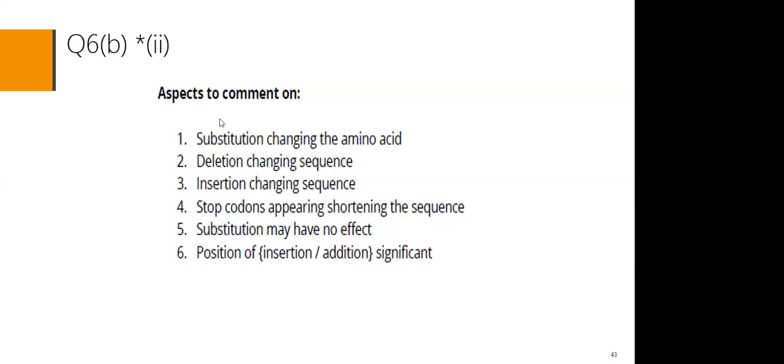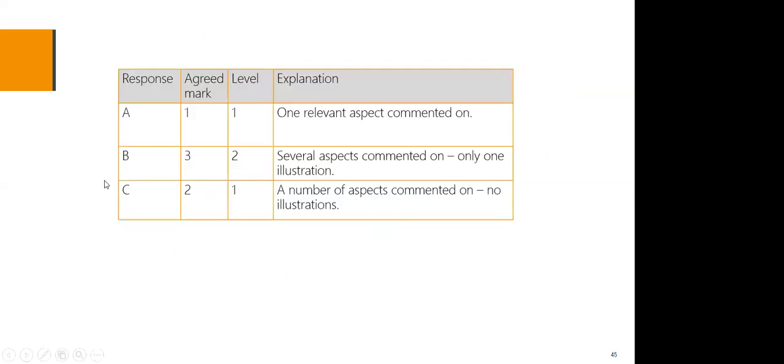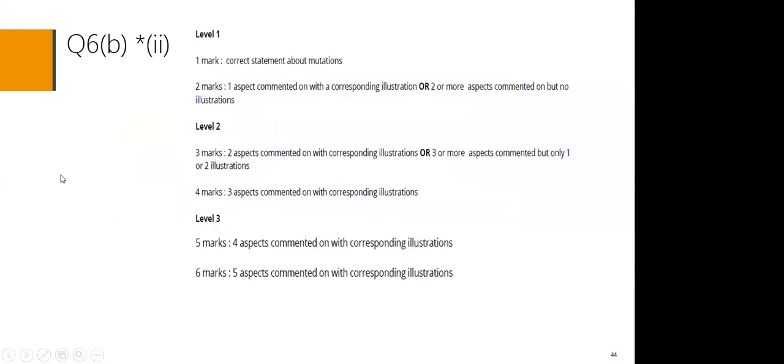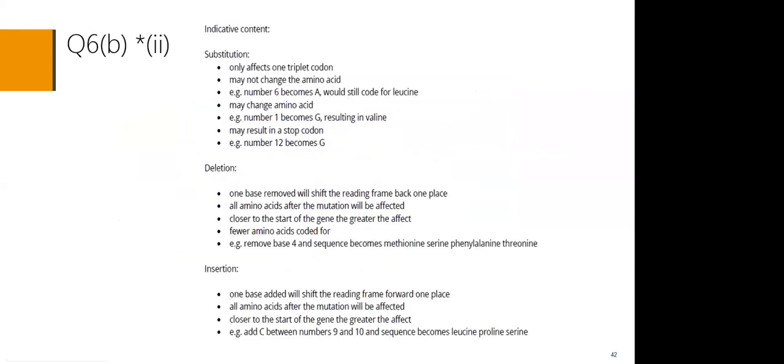When it says illustrations, if we go back, hang on, I'm going the wrong way. So it means the examples. So a substitution, that's using their knowledge to say what a substitution is. And then from the table they're given, an illustration is that number 6 becomes A, so it would still code for leucine.